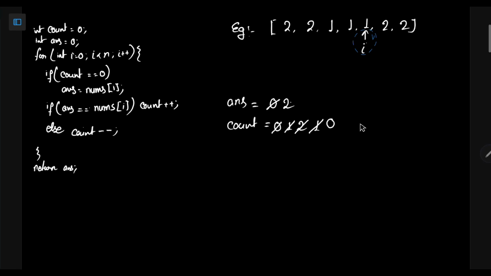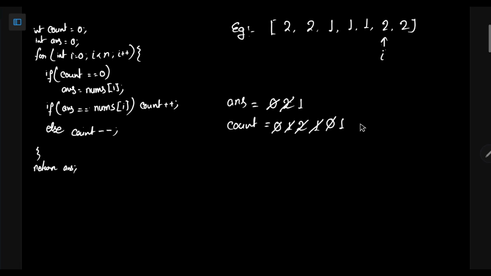Now check if count is 0, yes, then answer will be updated. This 2 will become 1 because answer will be nums of I, so it will be 1, and then check 1 is equal to nums of I, yes, then increment, so count will be 1, and I shifts.